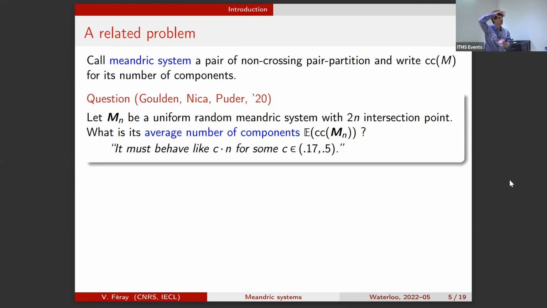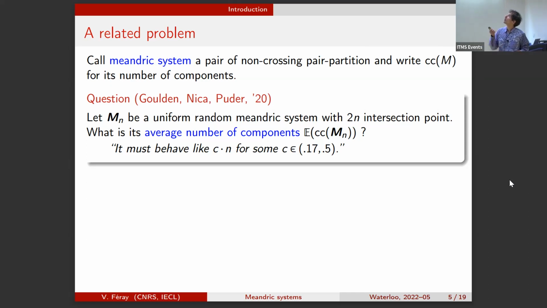And the idea is that, as for meanders, you draw one of them above a line, the other below the line, and you look at the components that they form. So counting meanders is evaluating the probability, if you imagine you take that at random, that you have only one connected component. Another question you can ask is, what is the typical number of components?